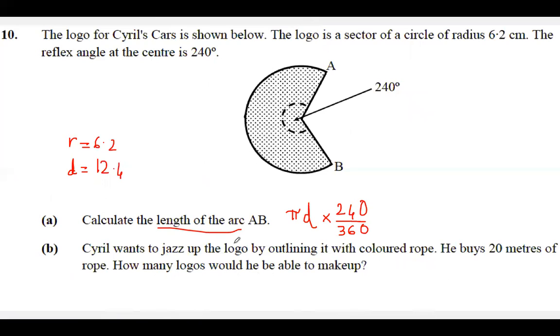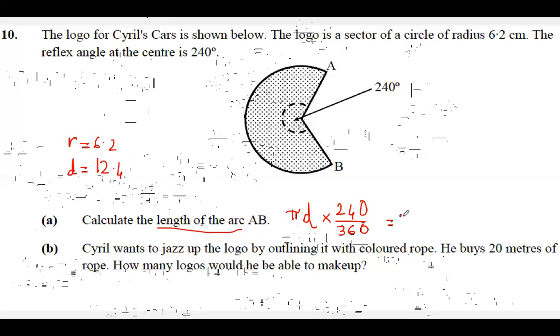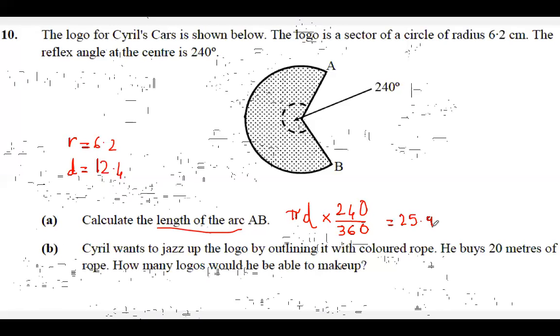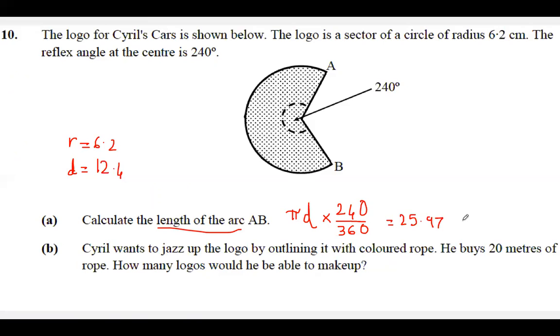Arc length would be pi times 12.4 times 240 over 360, and I get 25.970. Did they ask me to round it? No. You can just put 25.97 and put next to it 2 decimal places. It's up to you. You pick whatever is the easiest.